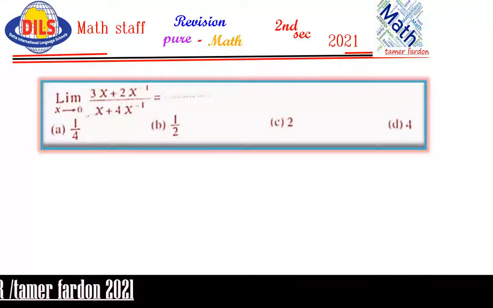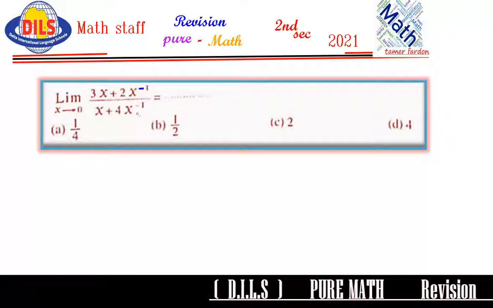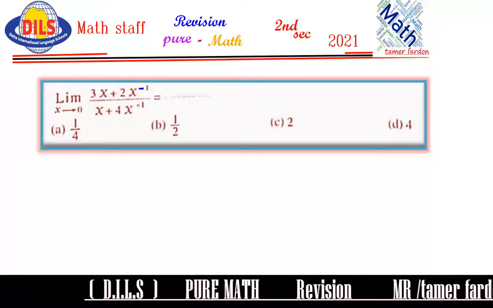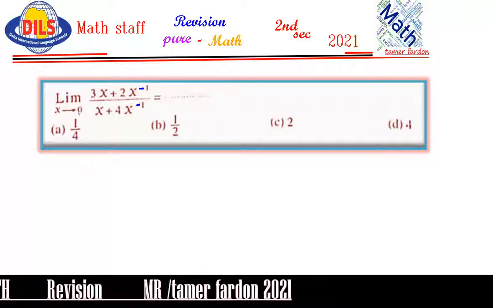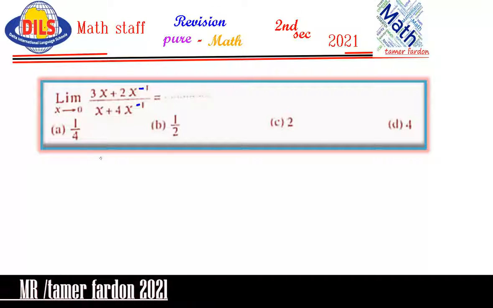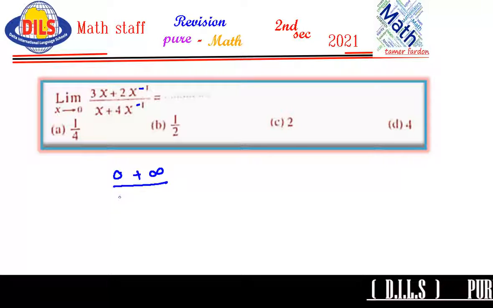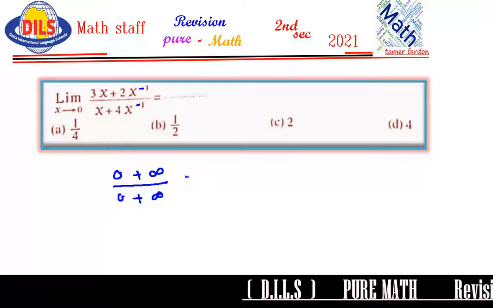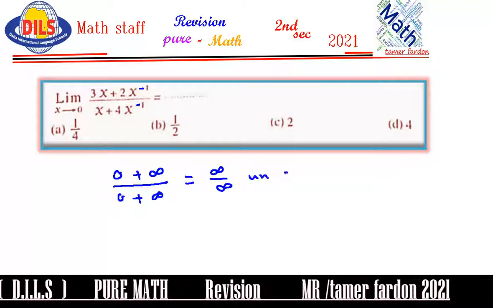limit when x tends to 0 of 3x plus 2 x power negative 1 over x plus 4 x power negative 1 equals what? By using the direct substitution, we get infinity over infinity, an unspecified value.